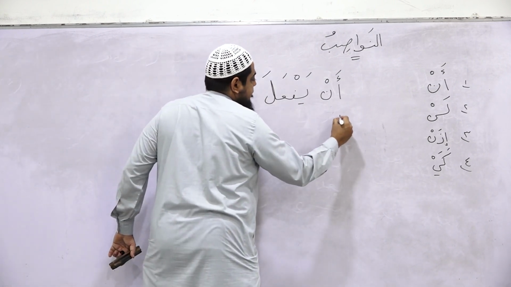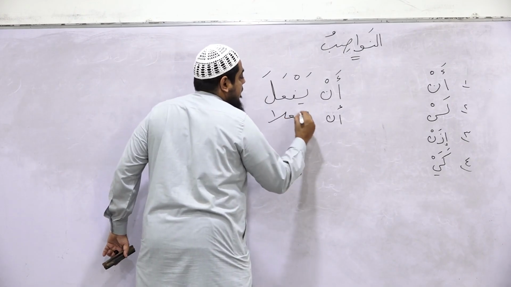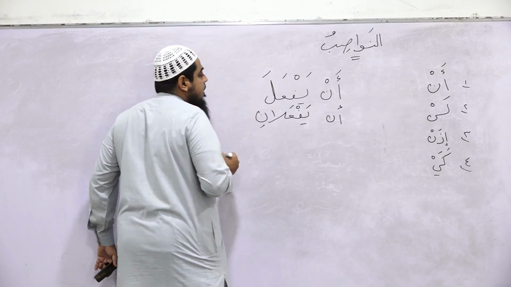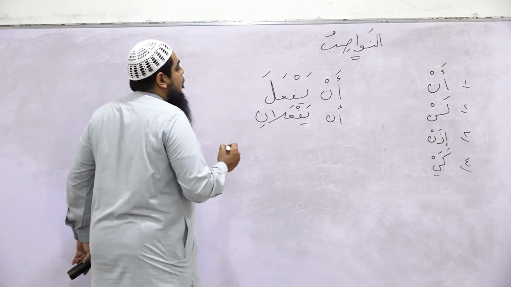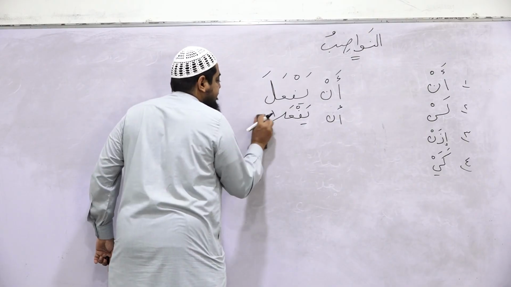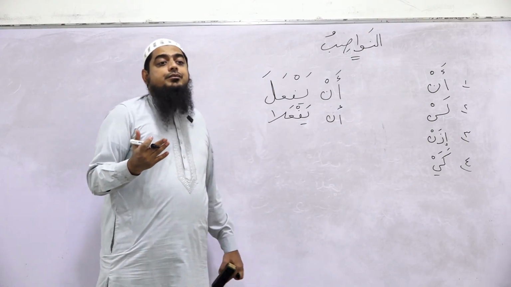Yaf'ala, an yaf'a. Actually the noon is there, isn't it? An yaf'ala. When you give nasab, this noon will go off. This is the reason why we learned al-af'al al-khamsa.